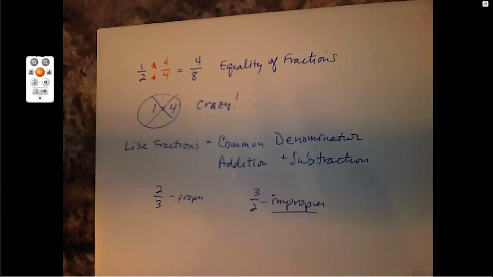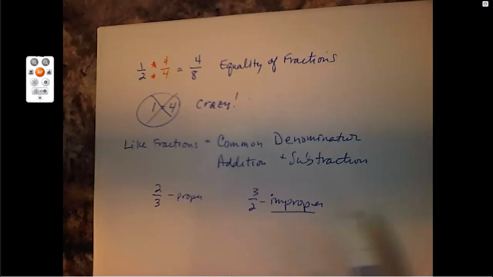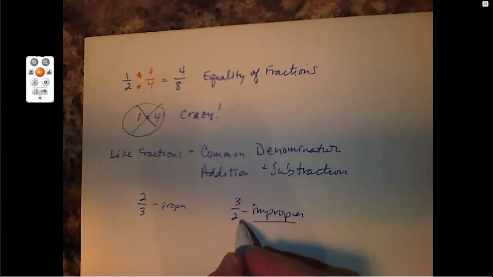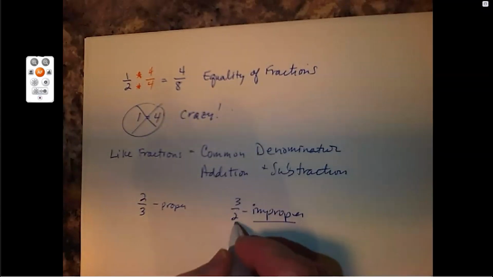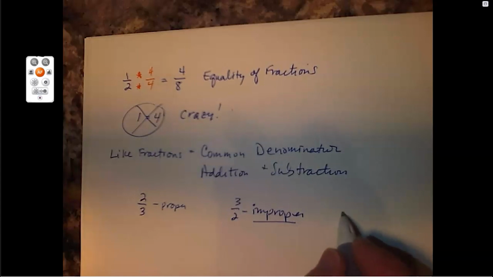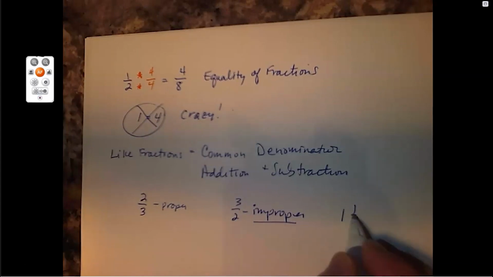It's not a wrong number. It just means that we have another way that we could write that and communicate the same information and stay in fractions. So the way we would do that is that we would make that a mixed number. So 3/2 is the same as 1 1/2. Okay, and this is a mixed number.